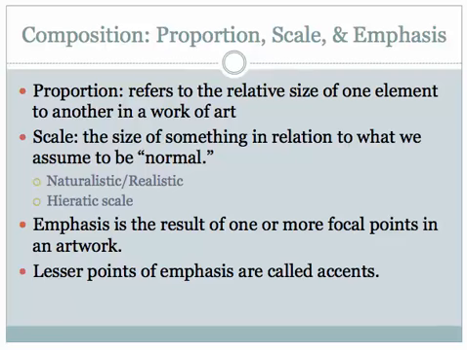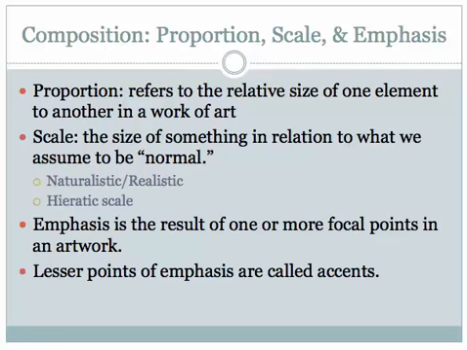So for instance, if we see Jesus being depicted as much larger than everyone else in the canvas or the carving or whatever it is, then we get a sense the artist is trying to really draw our attention to the person of Jesus being the most important person in that work. Okay? And that gets into the next issue of emphasis, where the artist is trying to direct your attention in that particular work.